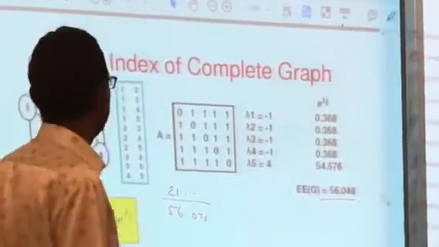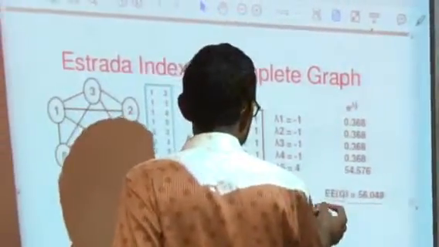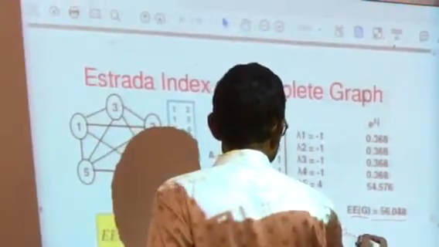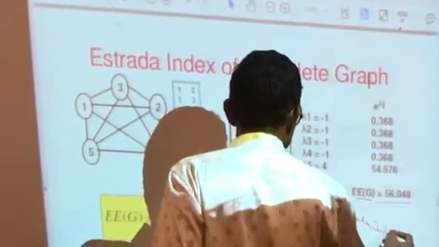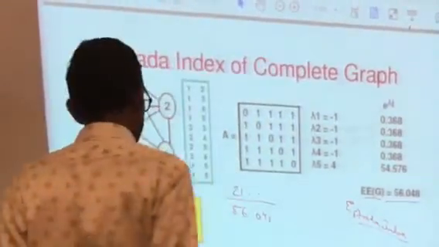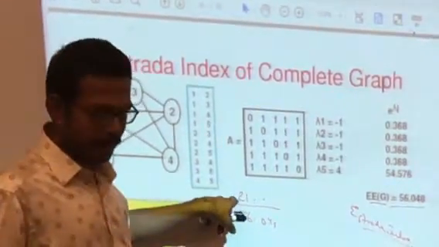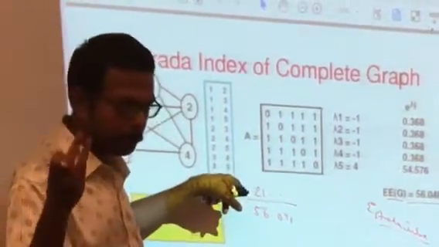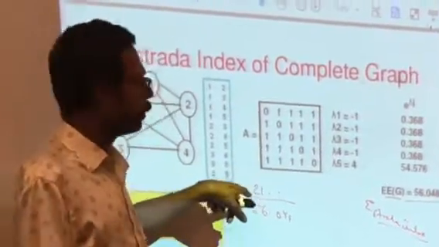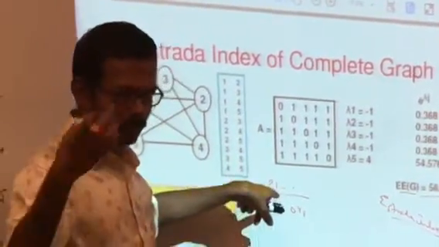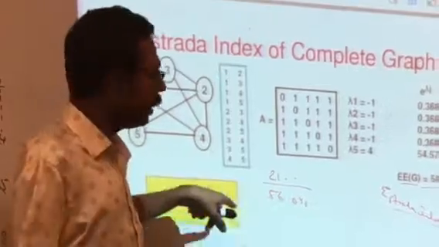Okay. Now the name for this, the sum of all the e to the power of eigenvalues, is called Estrada index. So you take the ratio of the Estrada index you got for the given graph to that of the Estrada index for the complete graph. Okay.